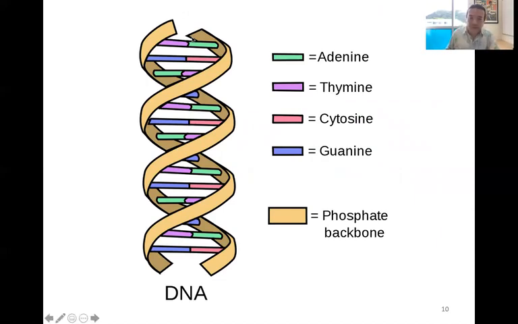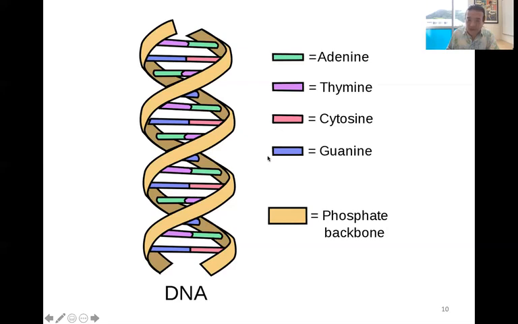So DNA is a polymer chain made up of these different nucleotide units, individual monomers. And these monomers consist of different parts. Part of that is a nitrogenous base, so either an adenine, thymine, cytosine, or guanine.